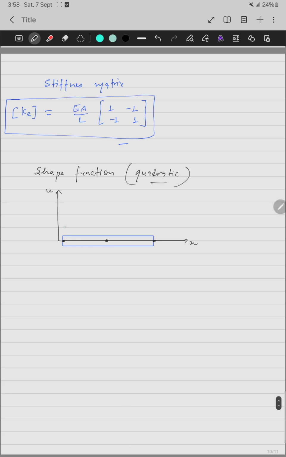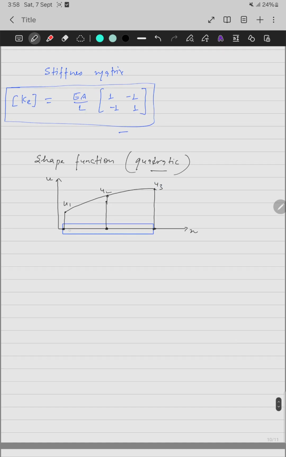So we have some displacement at this node, some displacement at this node, and some displacement for this node here. If we draw this, we will get a curved line, something like this: u1, u2, u3.